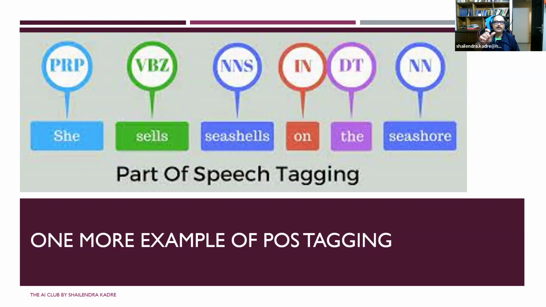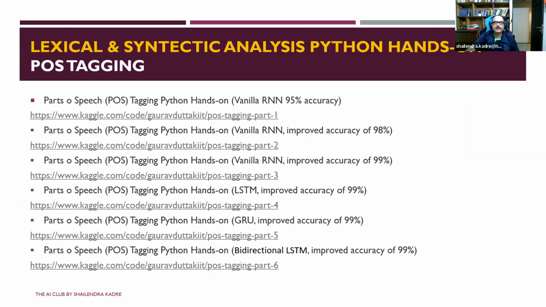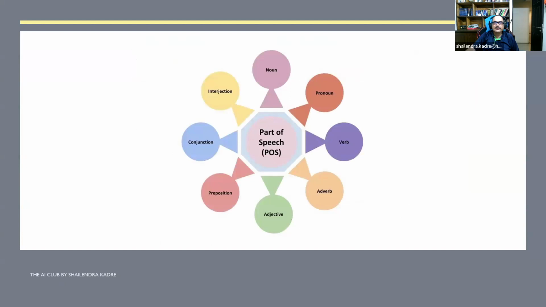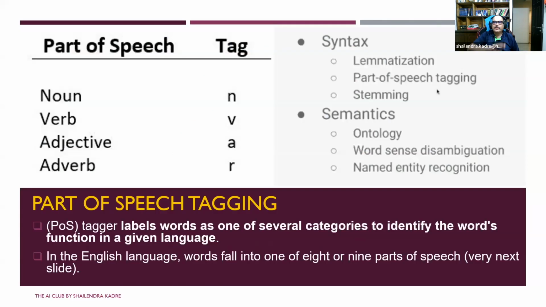DT is a determiner, and PRP is probably preposition. So like that, you will get out of your part of speech tagger. So this is very much part of your syntactic analysis. POS tagging is the end result of your syntactic analysis.